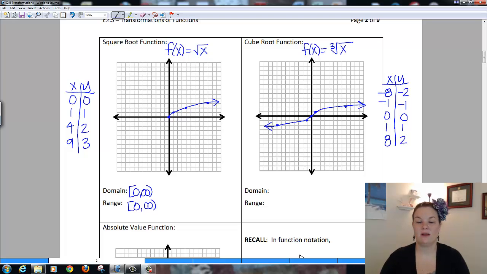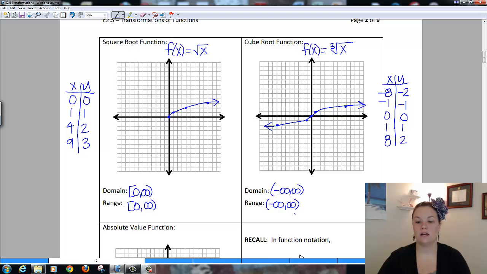So that's a good way to remember the general shape. When you have a cubic, the whoosh is going up and down. When you have a cube root, the whoosh is going sideways. All right, domain and range, just like my other whoosh, is going to be negative infinity to positive infinity because it keeps going left and right, keeps going north and south.